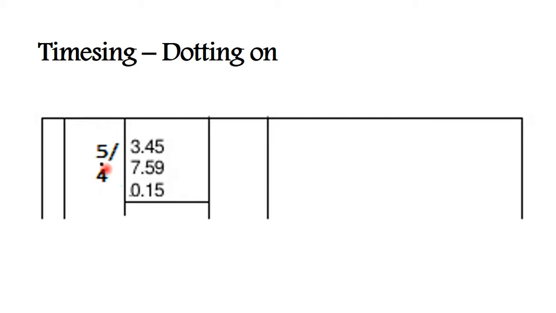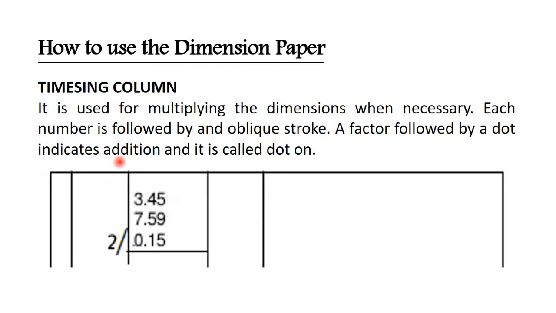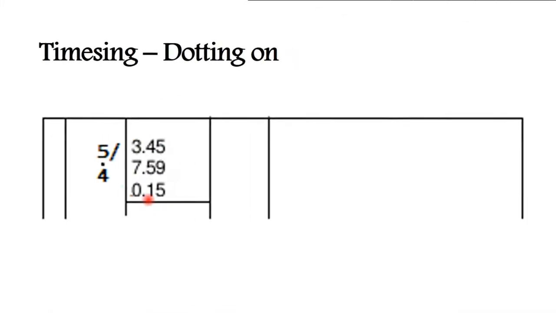Dot on normally comes in whenever you are doing your taking off, or where you are transferring the dimensions, and then you come across, let's say for example, you have excavation for the columns, and maybe you only considered 2 excavations of columns, as it is in this case.